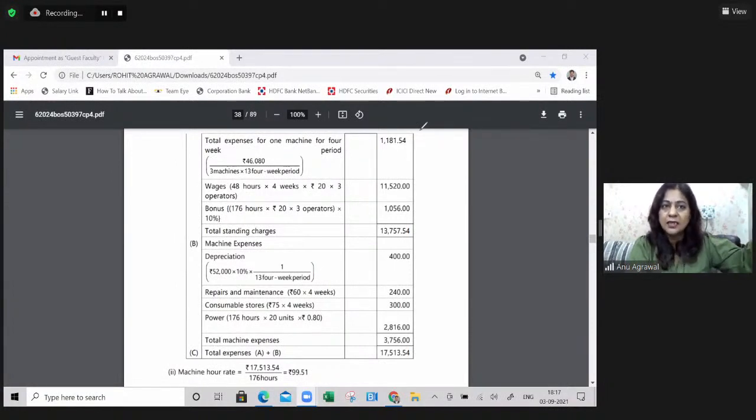Now that material is a direct material for that canteen. That is an overhead because it's a service department. Any direct material or any direct expenses, any worker working in that canteen is a direct worker for that canteen. But the whole canteen itself is a service department, and any expenditure of the service department is an overhead.